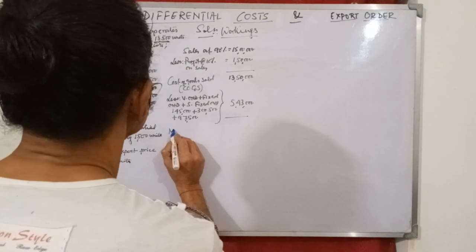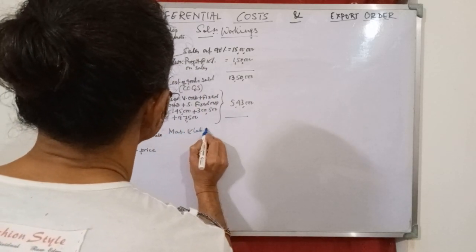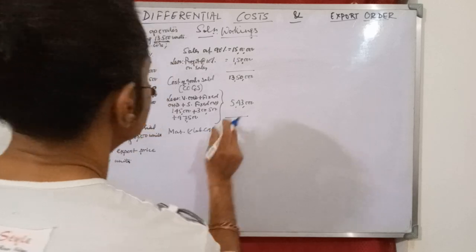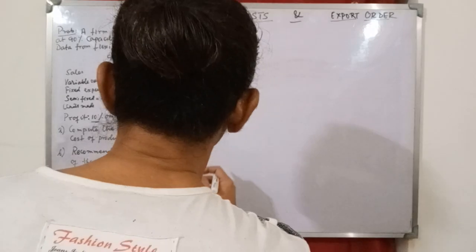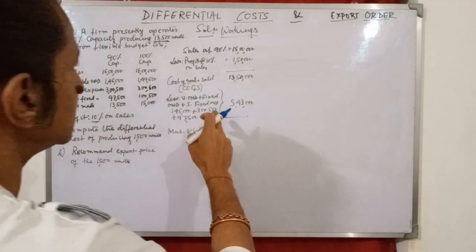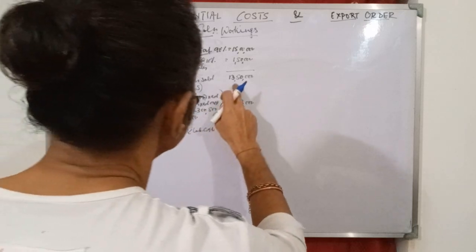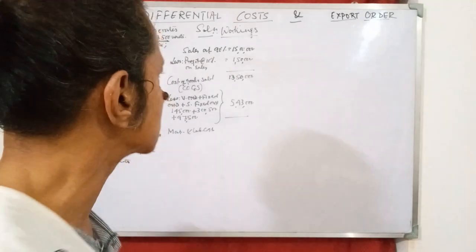Therefore, material and labor cost: we are deducting the sum of variable overhead, fixed overhead and semi-fixed overhead from the figure of cost of goods sold. So we will get material and labor cost.